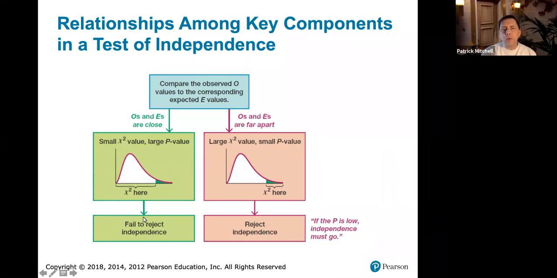And in that case, we would fail to reject the null hypothesis of independence, okay? On the other hand, if some or many of your O's and E's are far apart, that would mean that the sum of the O minus E squared divided by E will be large. And that would put you in this green region, which is our rejection region. And that would also give you a small p-value. So in that case, you would reject the null hypothesis of independence. Remember, if p is low, the null must go.